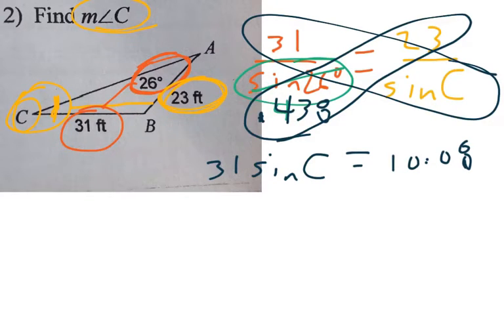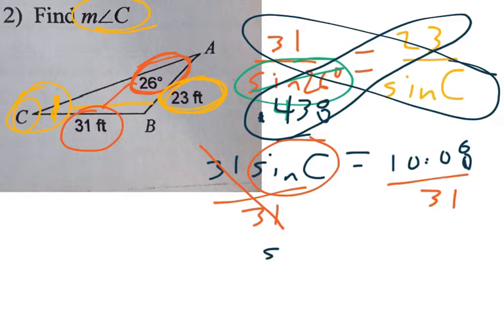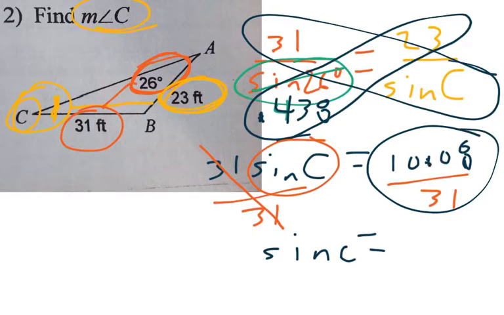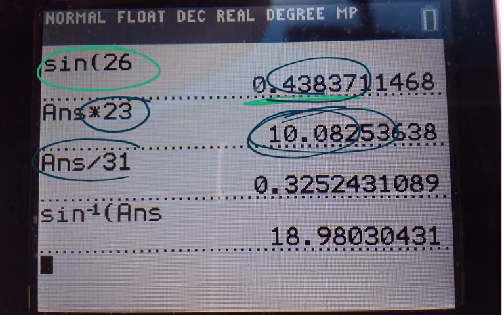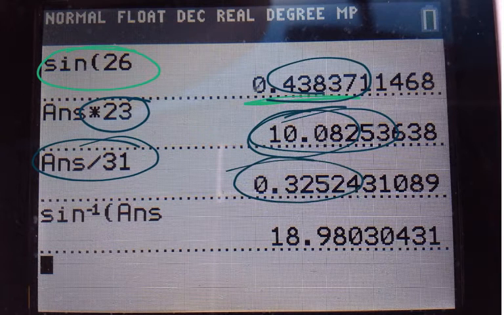Now we're going to solve for the sine of C. We're going to divide both sides by 31 because I'm going to get rid of that 31. 31 divided by 31 is 1. So I'm going to have the sine of C equal to whatever that is right there. Let's divide that. So that 10.08, if I divide by 31, is 0.325.